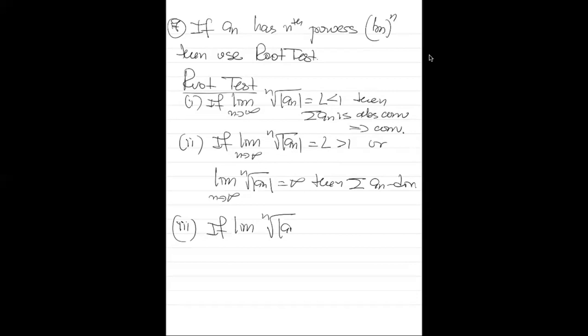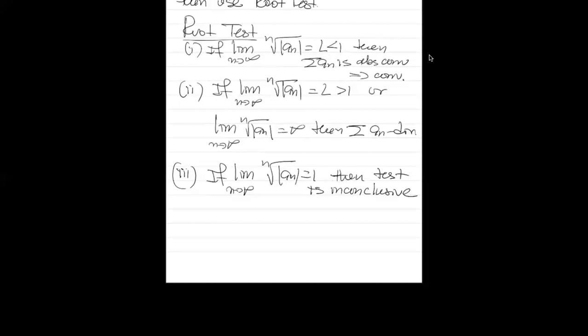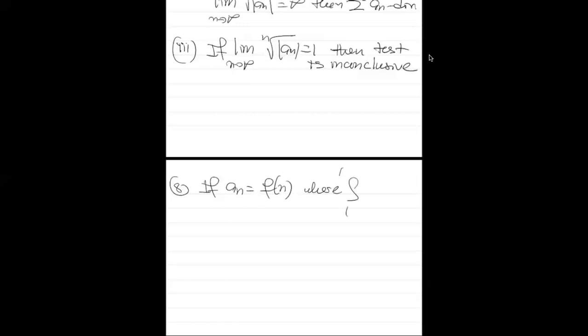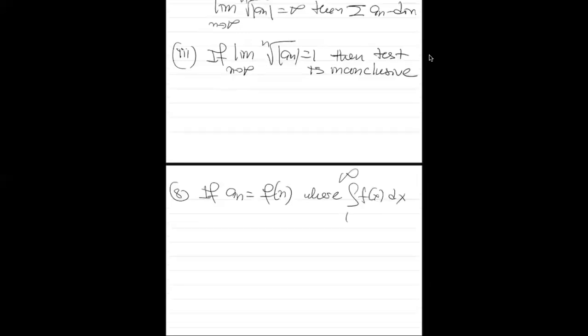Number 8, if the nth term can be represented as a function where the integral from 1 to infinity of that function, which is improper, is easily evaluated, you might have to use substitution or integration by parts, but if easily evaluated, then use the integral test.